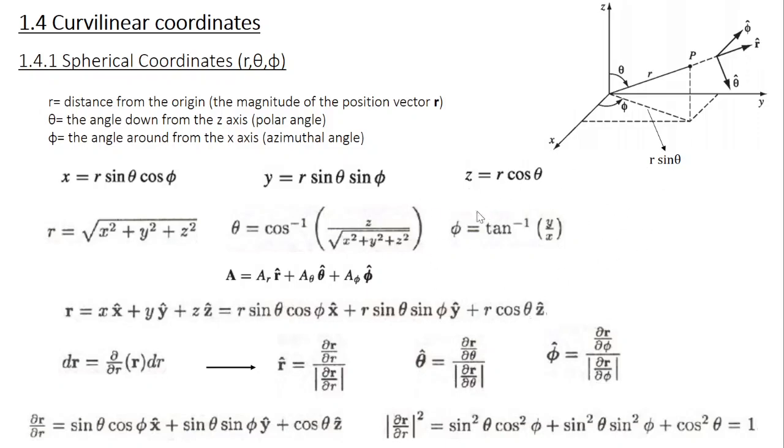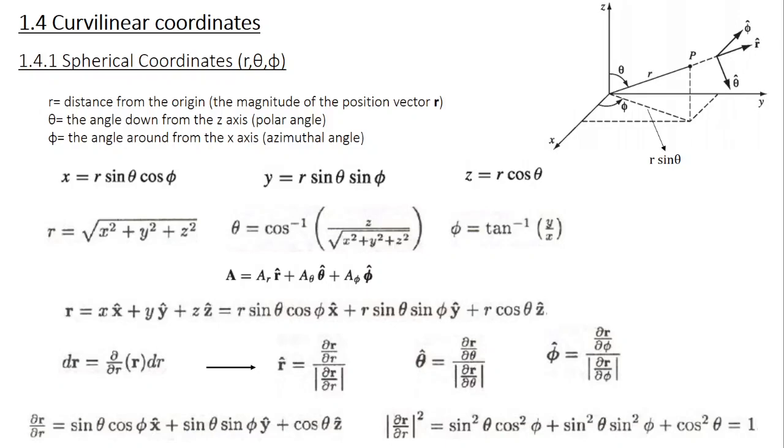Now it's time to define the basis vectors. You need to have a unit vector along each of these axes. The unit vector along the r axis is r cap. Similarly, the unit vector along the theta axis is theta cap. The unit vector along the phi axis, so this is the direction of phi, is phi cap. If you notice, these three vectors are perpendicular to each other.